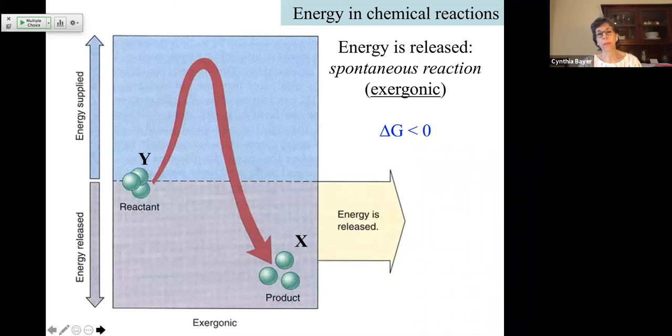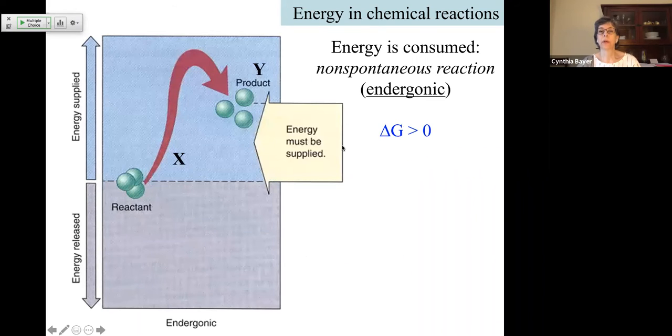The opposite type of reaction is non-spontaneous. We call this endergonic. If we look at the energy profile of an endergonic reaction, we see that the reactant has lower free energy than the final product. So it has a change in free energy that is greater than zero. It's positive. Energy must be supplied for this reaction to be able to occur.